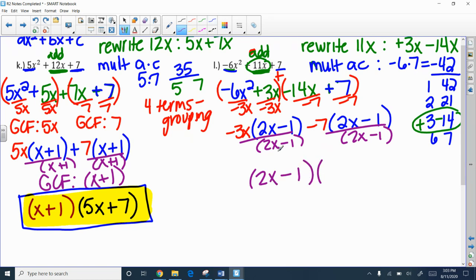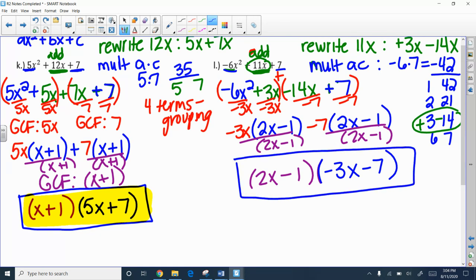If I divide out the 2x minus 1 from the first group, I am left with a negative 3x on the inside of the parentheses. And from the second group, if I divide out the 2x minus 1, I'm left with a minus 7. This would be my 2 factors: 2x minus 1 times negative 3x minus 7.